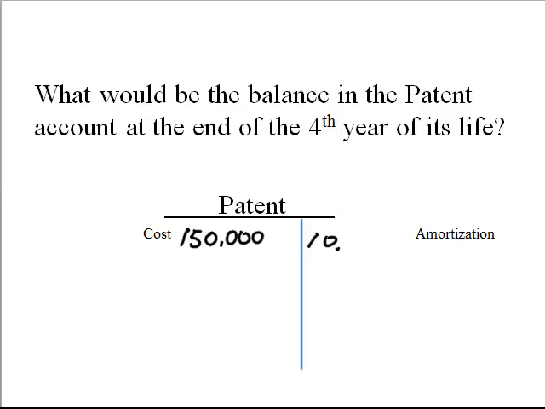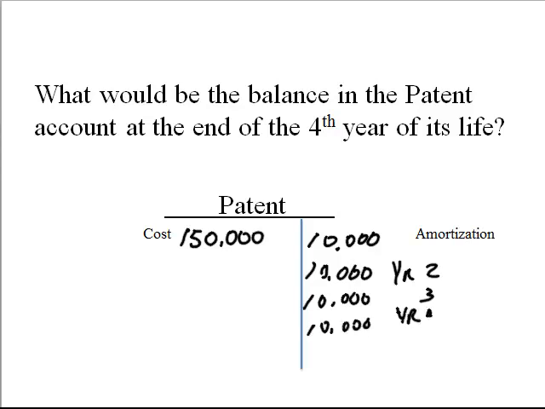So each year there will be $10,000 of amortization expense recorded. Year 2, $10,000 for year 3, and $10,000 of amortization expense year 4. At the end of year 4, the patent's remaining value on the balance sheet is reduced to $110,000.